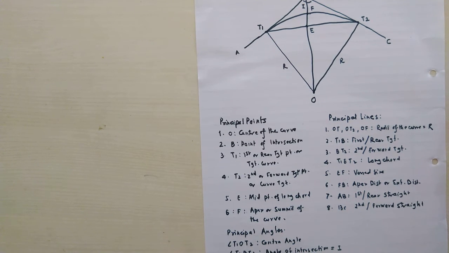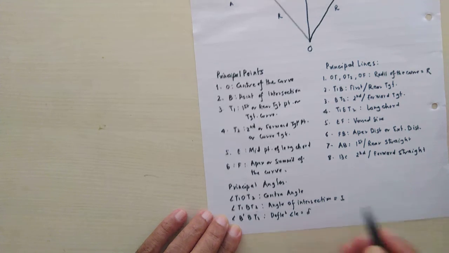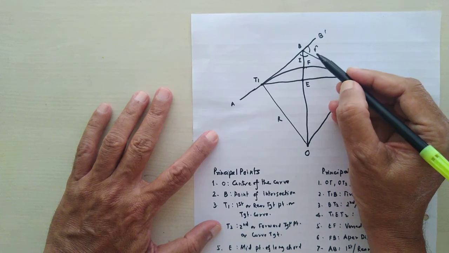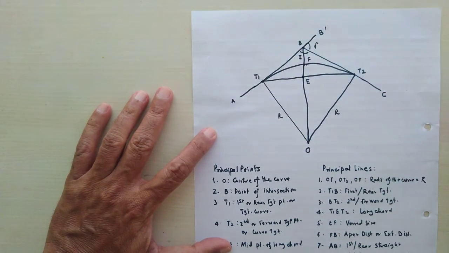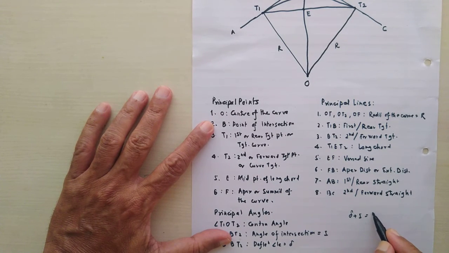This is called the deflection angle, and it is denoted by delta. So now it is very clear, delta plus I, that is deflection angle plus angle of intersection, is equal to 180 degrees.